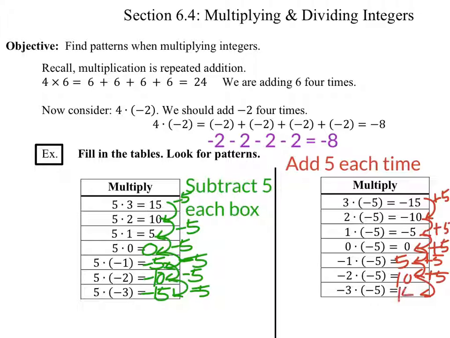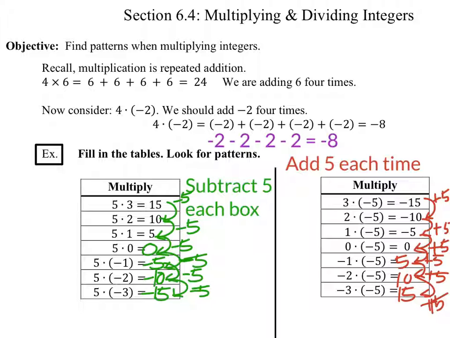Then add another 5 and you get 15 right there. Just from this pattern, and I know we discussed it in class the other day, some of you started noticing the pattern even with the addition: if you take a positive and multiply it by a negative, same with these ones, then you get negative answers like this.